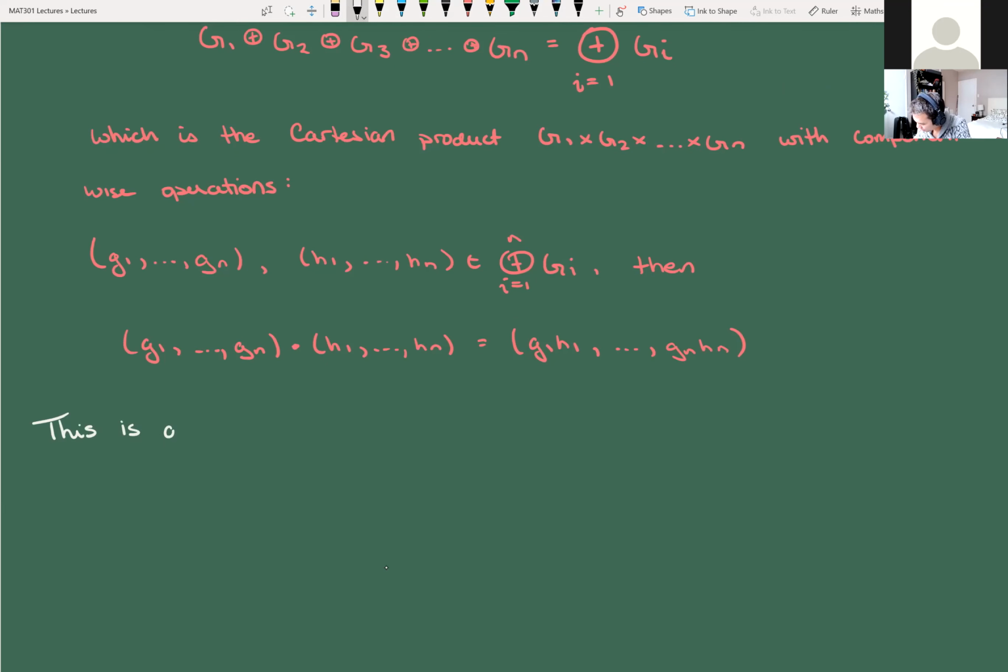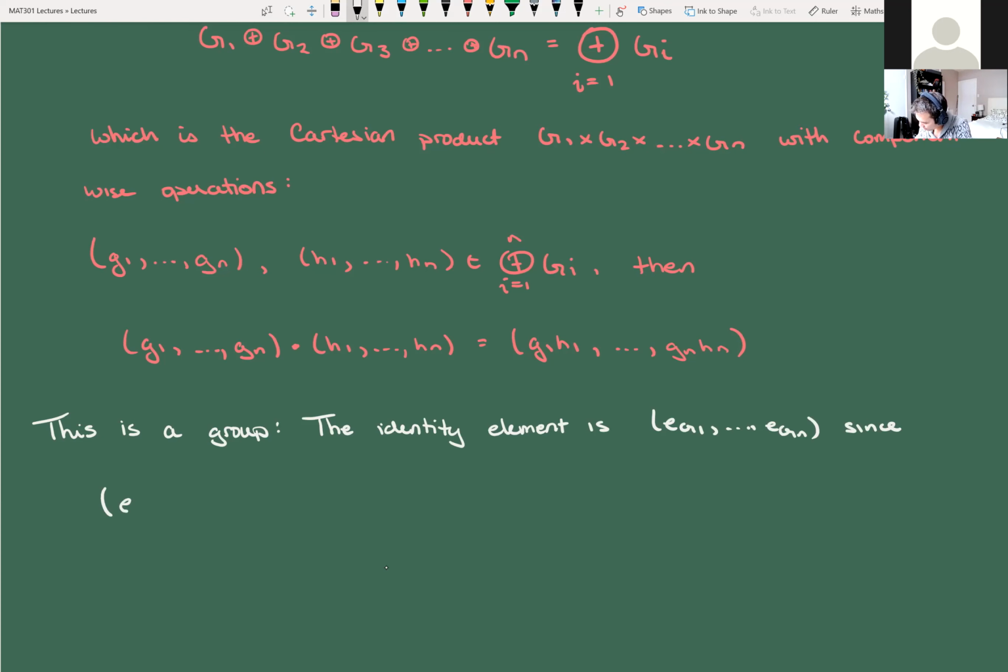This is a group, right? So the identity element is just the identity element from each of the component groups. So the identity element is e_G1 through e_Gn, right?